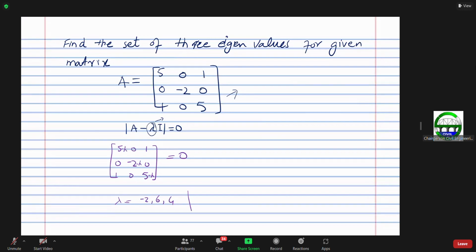Okay, anyways, as I told you, whenever you calculate this one and want to check that your equation is correct, always make sure the coefficient of lambda square is the sum of the diagonal values, and the coefficient without lambda is the determinant of this matrix.